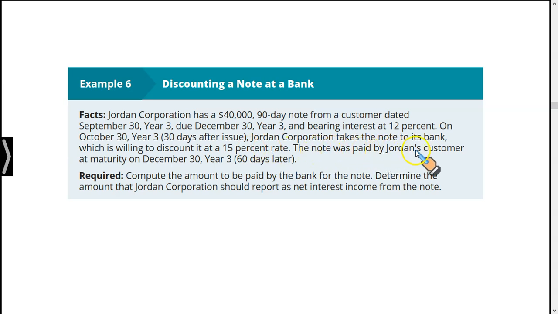The note was paid by Jordan's customer at maturity on December 30th, year 3, 60 days later. Compute the amount to be paid by the bank for the note after discounting and determine the amount that Jordan Corporation should report as net interest income from the note.